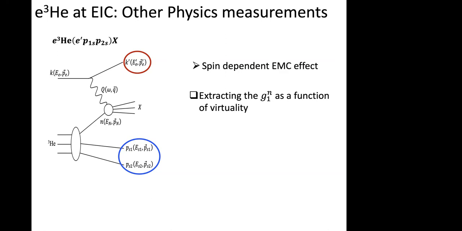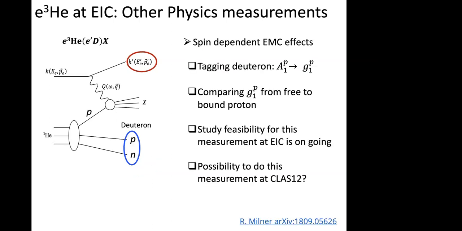I would like to discuss one more physics case here. Now we change: we don't use the double spectator, neutron and two protons, but what if we are able to detect the neutron? We tag the neutron. What can we do with it? I think the physics is very interesting as well.